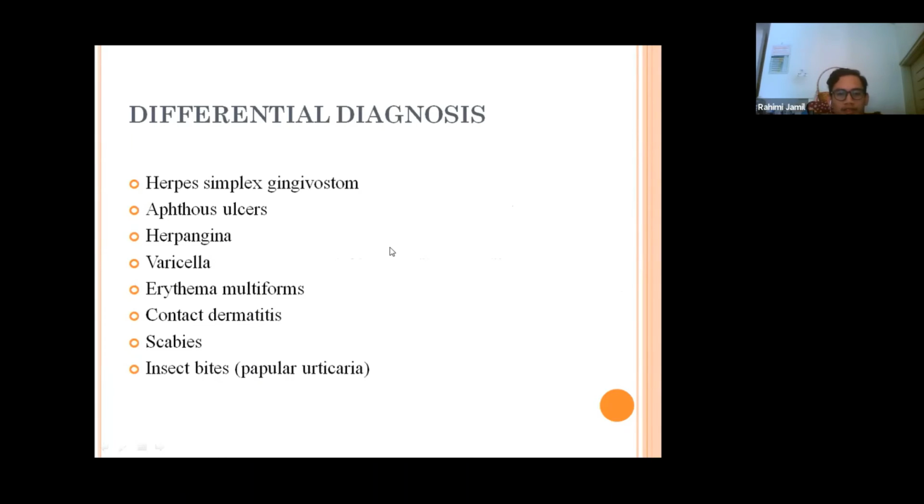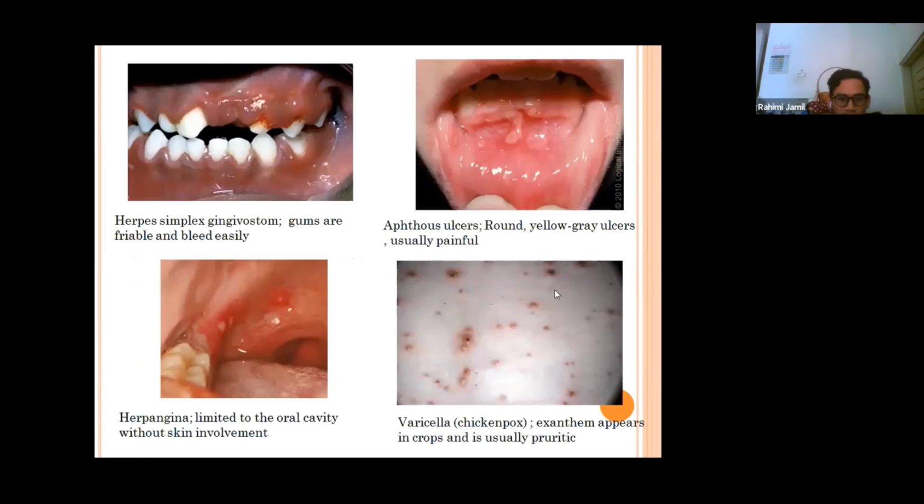For the differential diagnosis, I have listed some here, and after this there are also some pictures so we can differentiate between HFMD and all of these diseases. We will go first with herpes simplex gingivostomatitis and aphthous ulcer. These two will present with mouth ulcers.